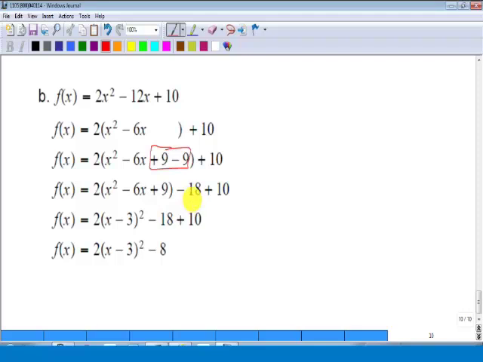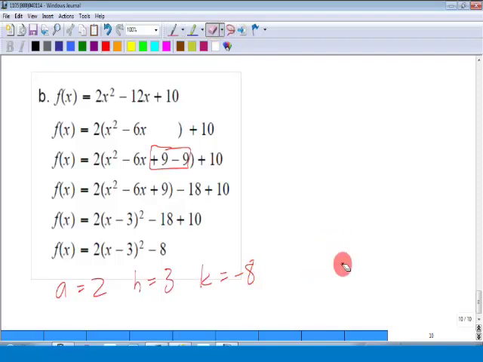The plus 9 actually added 18 to it, so we had to compensate for that by subtracting 18, but it's done. And then when you simplify what's on the end there, there's a minus 8. So a equals 2, h equals 3, k equals -8. It opens upward. It's a little skinnier than y equals x squared. And its vertex is the point (3, -8).